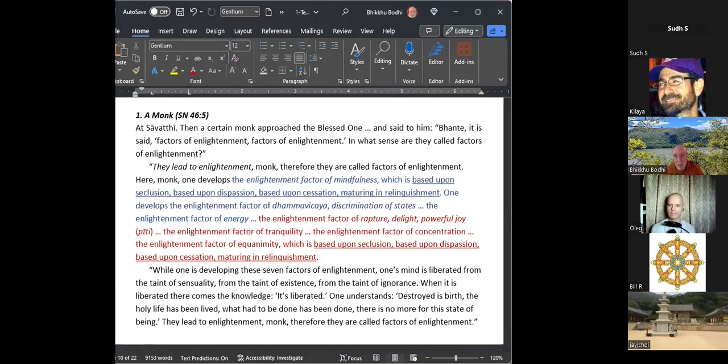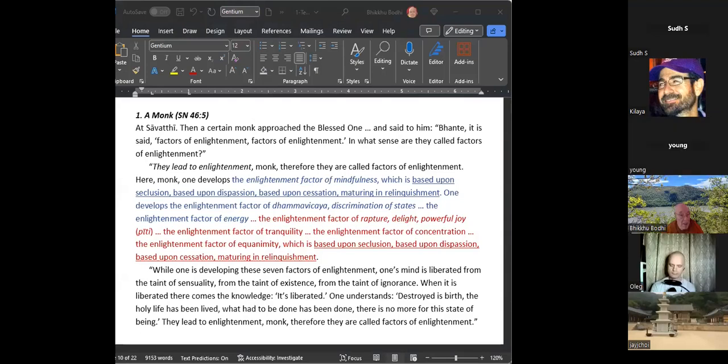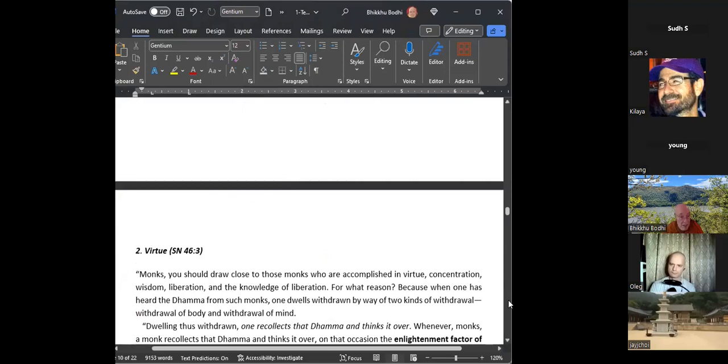Okay, I see another question. This is from Kilaya. Thank you, Bhante, for the teaching. My question is about the relationship between sati and memory or recollecting. You read this really interesting passage from 46.3, which said that one recollects the Dhamma, thinks it over, and then that recollecting mindfulness factor is aroused from that.